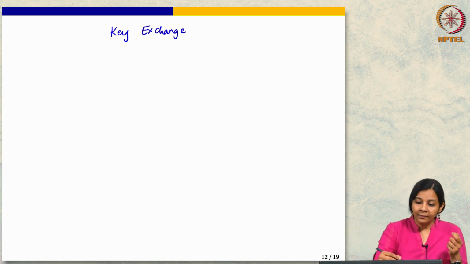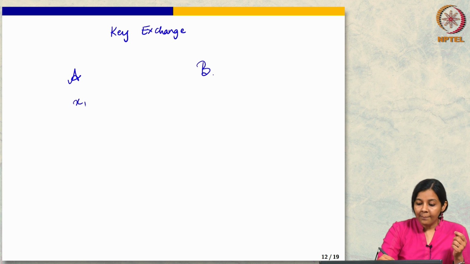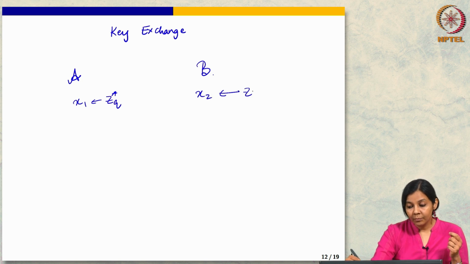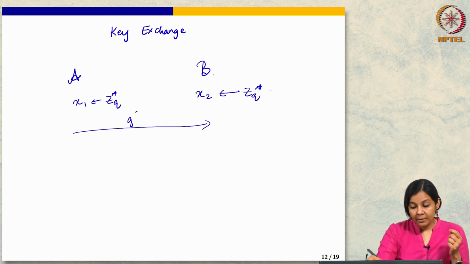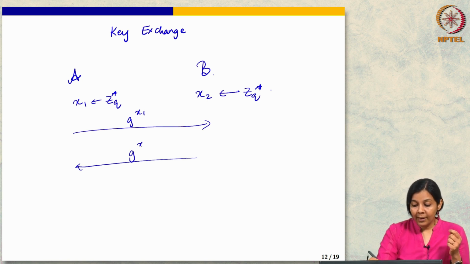How is this? If I have two users A and B, I sample x1 in Z_q star, you sample x2. I communicate G to the x1, you communicate G to the x2.